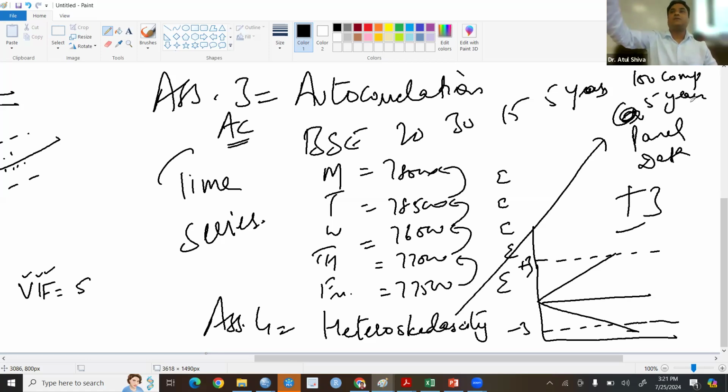When time series plus cross-sectional data is there, it is called panel data. In panel data, we handle the problem of heteroscedasticity. There should be homoscedasticity.